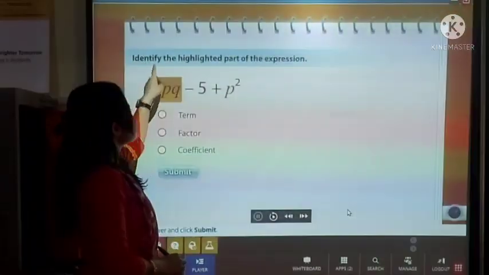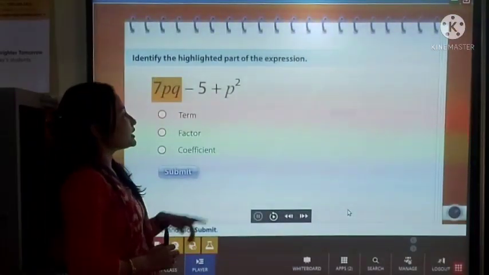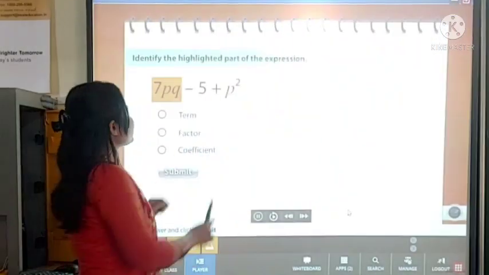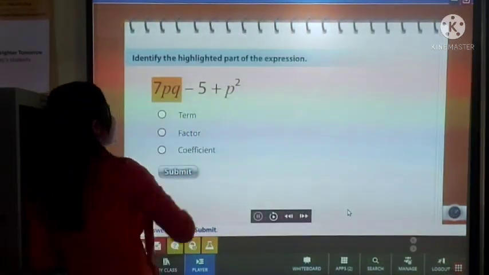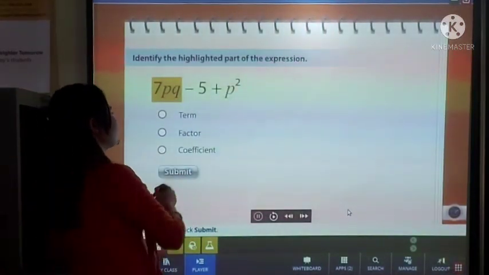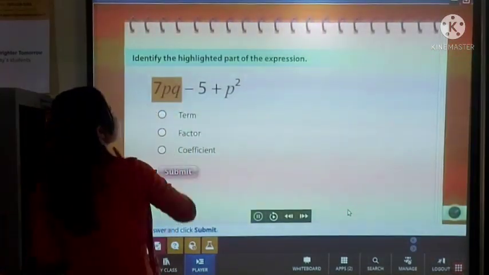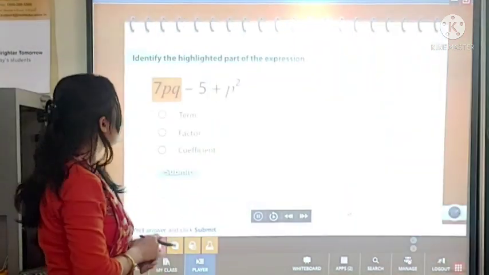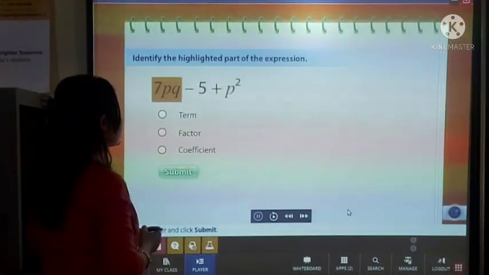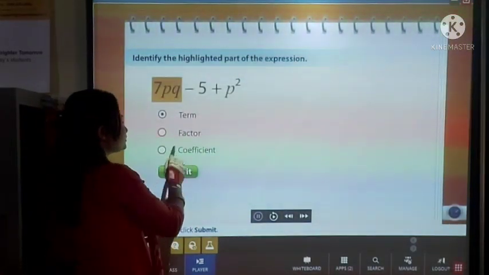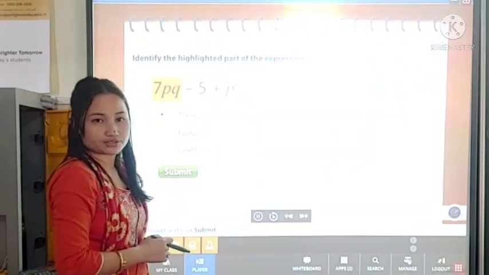First question: identify the highlighted part of the expression. The expression is given as 7p cube minus 5 plus p square. Here the highlighted part is 7p cube. So what is 7p cube: a term, factor or coefficient?